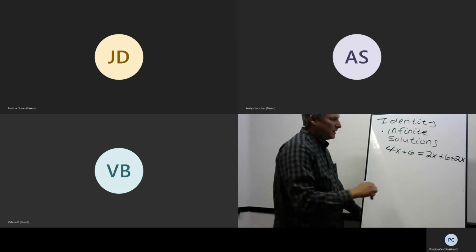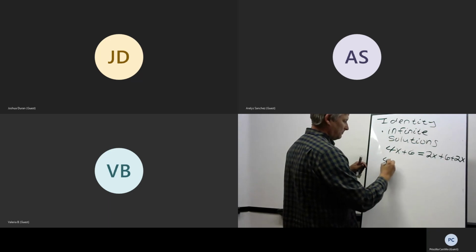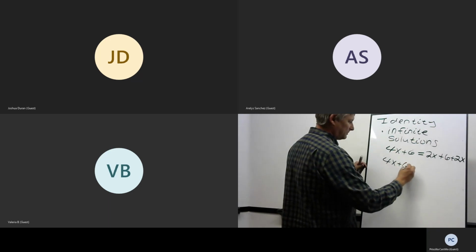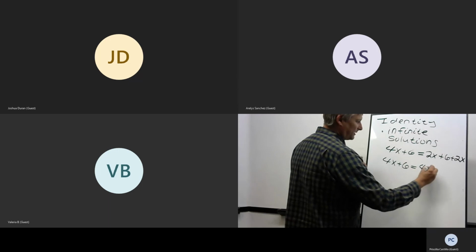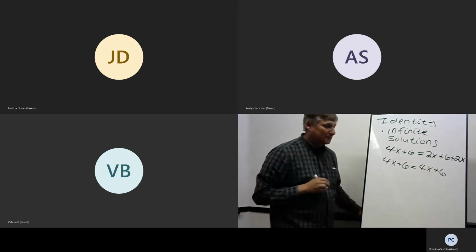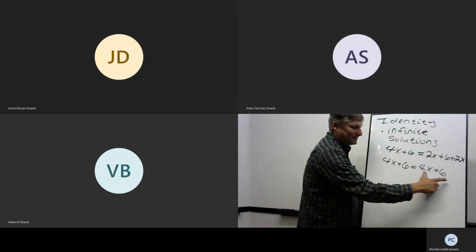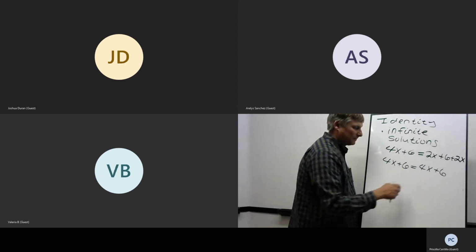So we can gather like terms on this side. We'll get 4x plus 6 is equal to 4x plus 6. 2x and 2x is 4x. Now, once we get this side, it happens to be exactly the same as the other.